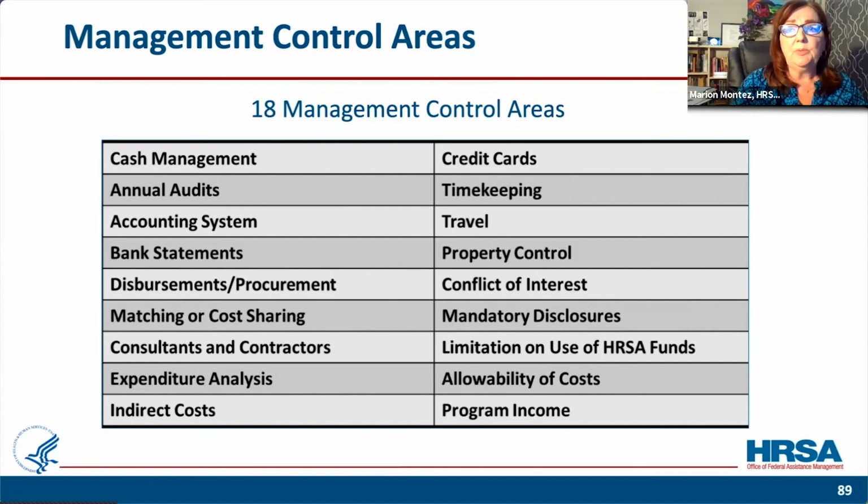When you're considering applying for a HRSA grant, you're trying to assess your financial capacity, a great way to do this is to just take this document and compare it with your written policies. And if you don't have a written policy in one of these areas, or it doesn't address the required items listed in the guide, go ahead and update your policies to be in compliance. You also want to ensure that your actual practices match your compliant written policies.